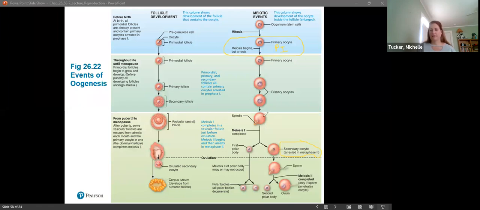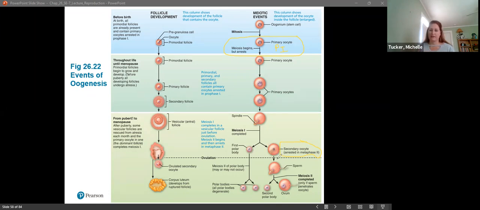Every time in meiosis when we get cell division, a polar body is produced and then a larger cell. This larger cell is going to take all of the nutrients, all the cytoplasm, fructose, ATP, and mitochondria into that one oocyte.